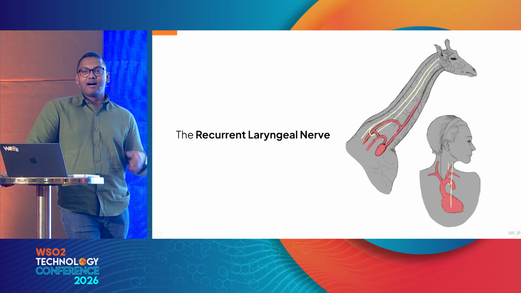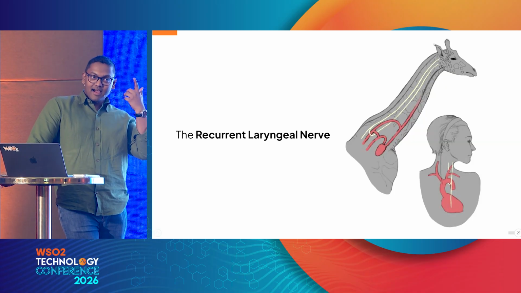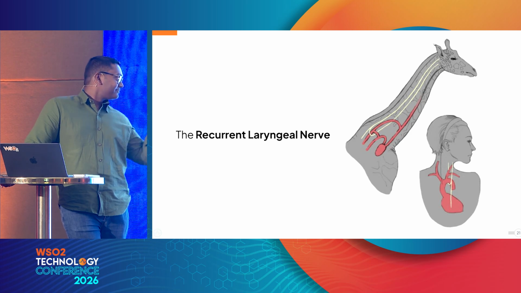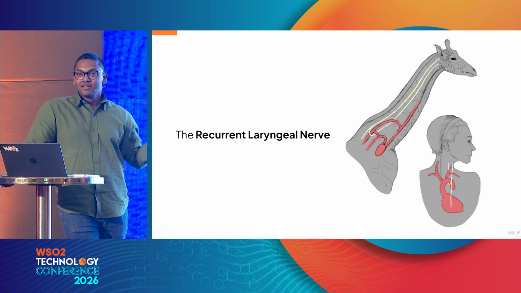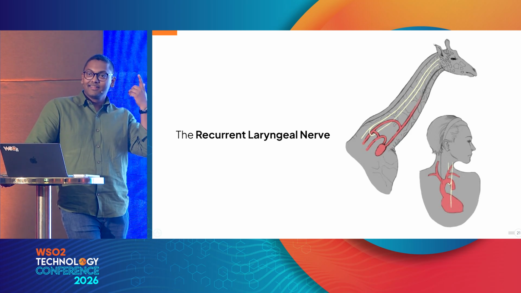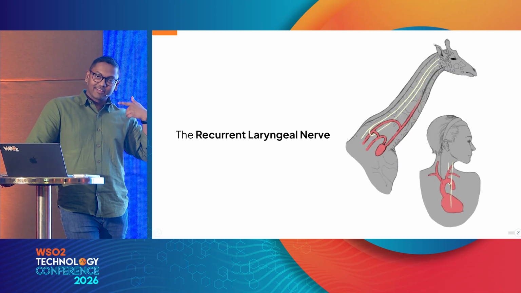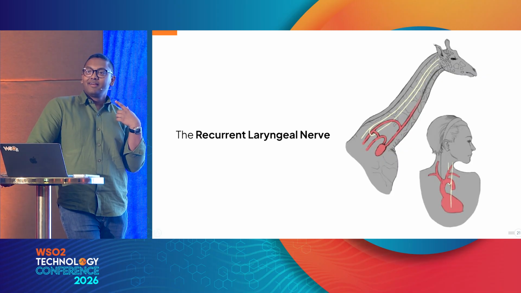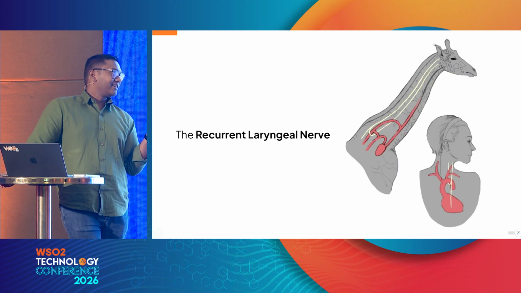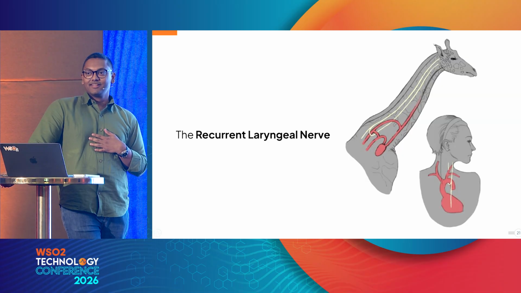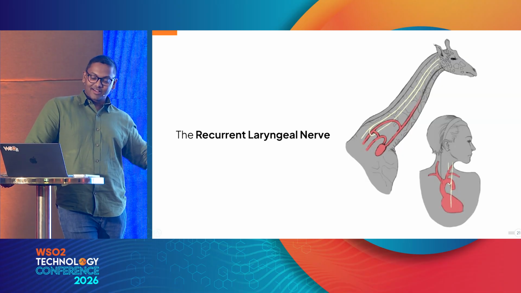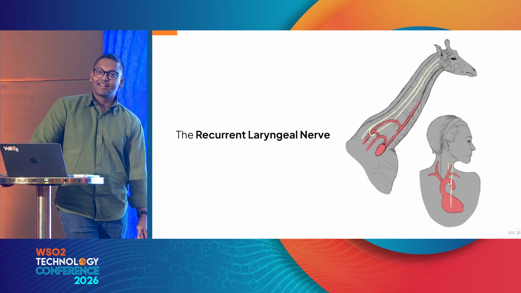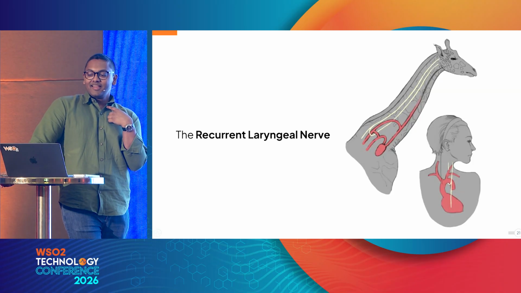But turns out our larynx and our brain are connected through a nerve called the laryngeal nerve, right? And you would think it's a straight line, but apparently it's not. It goes around your heart and comes back up. Right? And that's the same with giraffes and apparently with other vertebrates as well. So it goes down a couple of meters, goes around the heart, and comes back to the larynx.